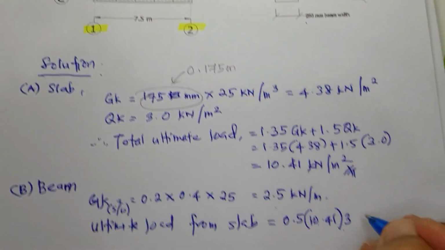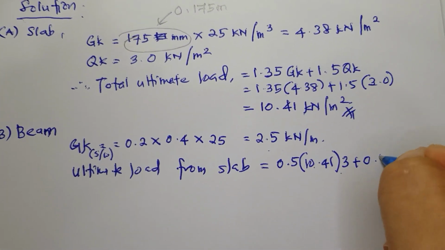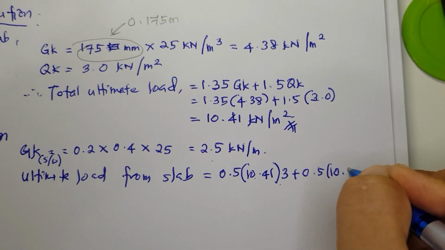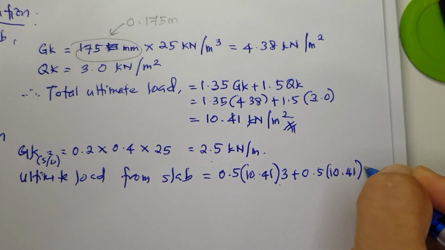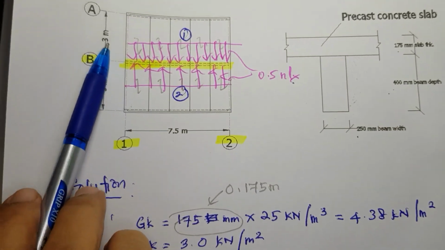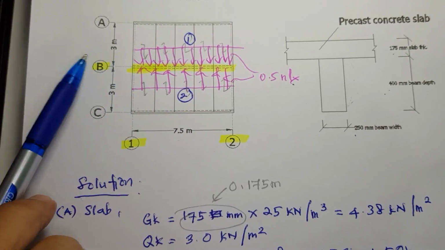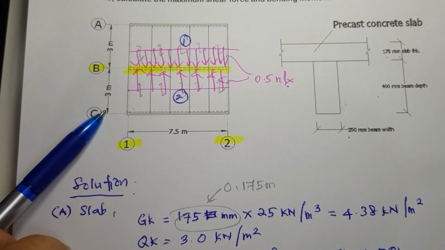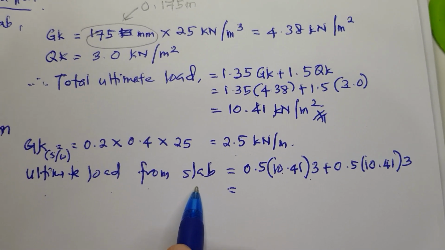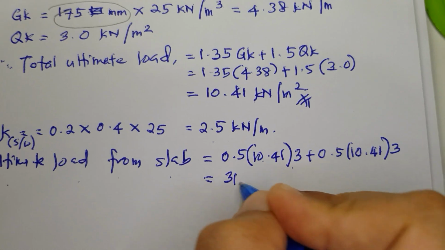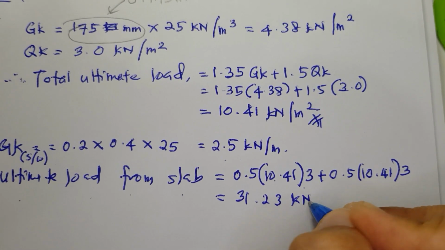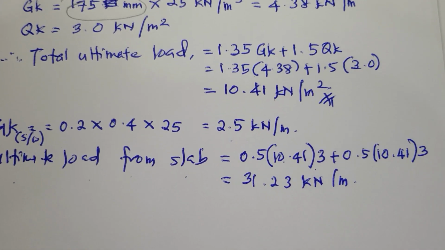From slab number 2, plus 0.5 multiplied with 10.41 multiplied with the same LX, because both slabs have LX of 3 meter. So ultimate load from slab is 31.23 kilonewton per meter.